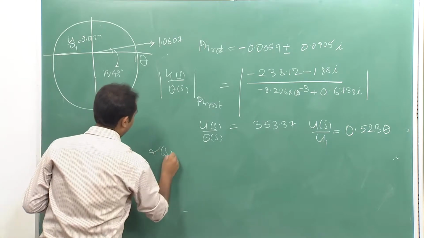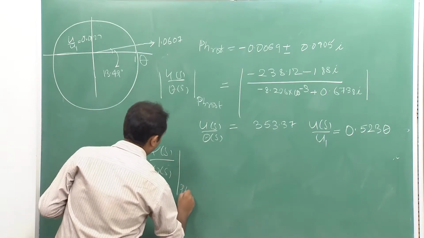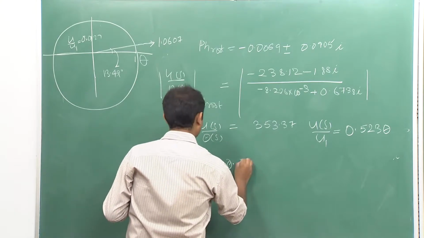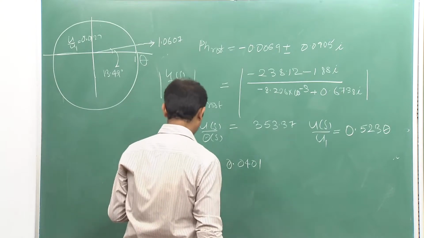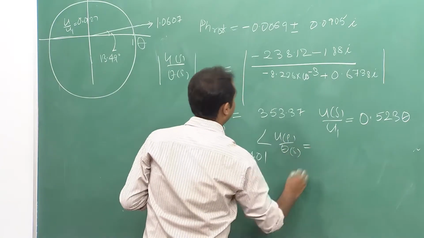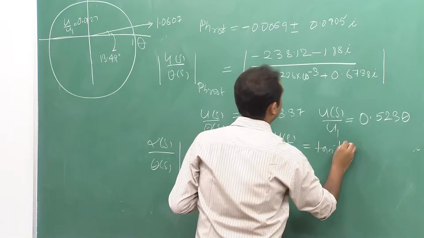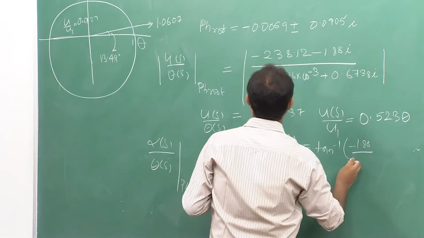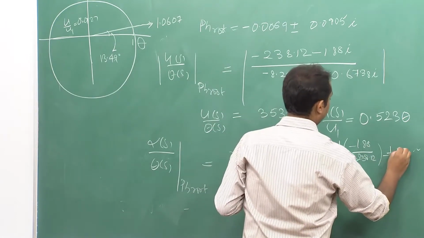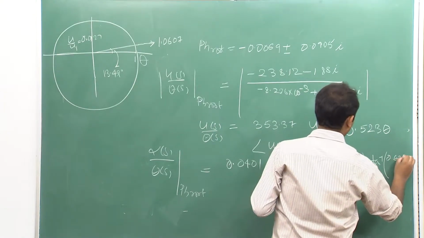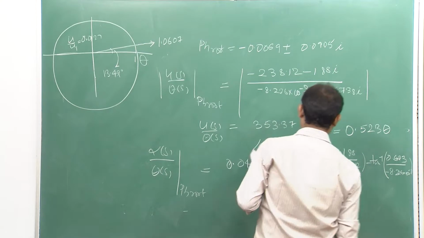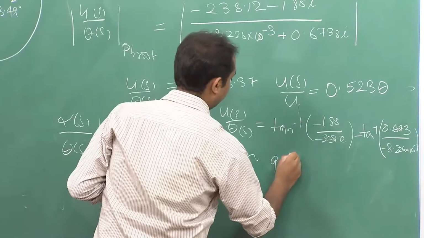Similarly, the magnitude of alpha of s upon theta of s at the Phugoid mode root equals 0.0401, and the phase of u of s upon theta of s equals tan inverse of minus 1.88 by minus 238.12, minus tan inverse of 0.673 by minus 8.226 into 10 to the power minus 3, which will come about 90 degrees.